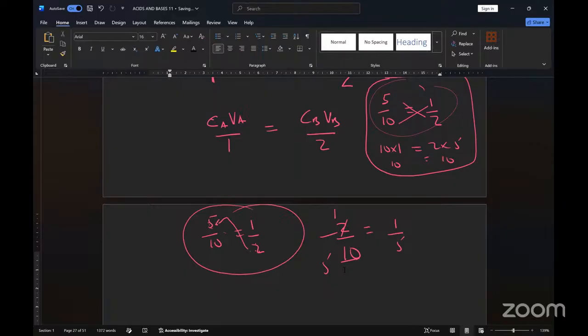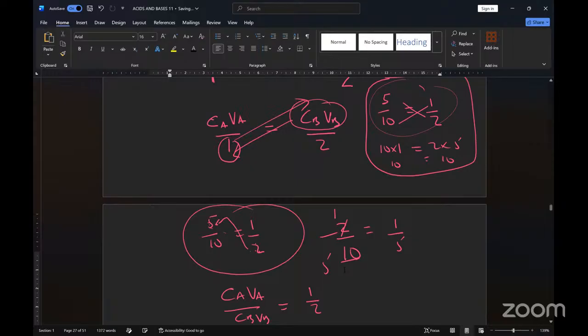If you see the logic in this, it means that even the whole of this, because we want to arrange them such that they will be together, the whole of this information can be brought down here, and this one can go up here. So there we can say CAVA over CBVB must be equal to 1 over 2.